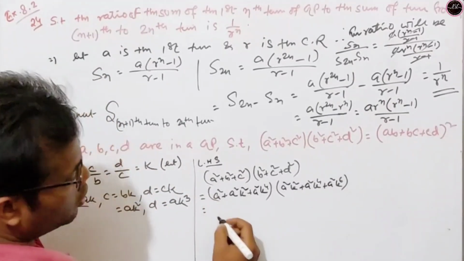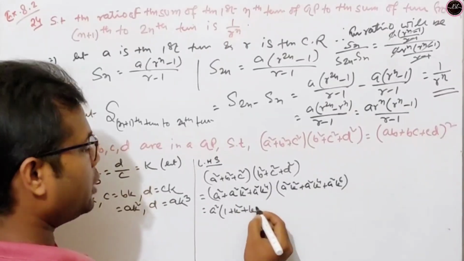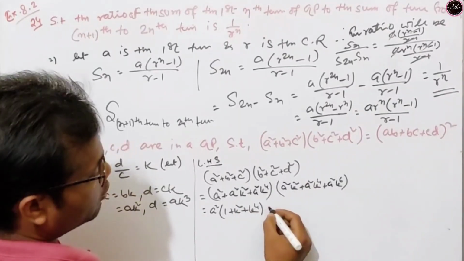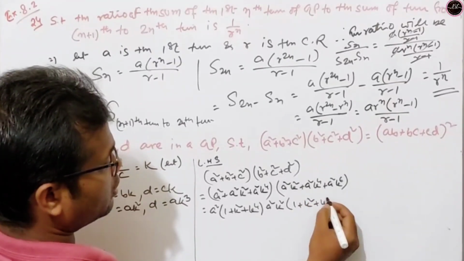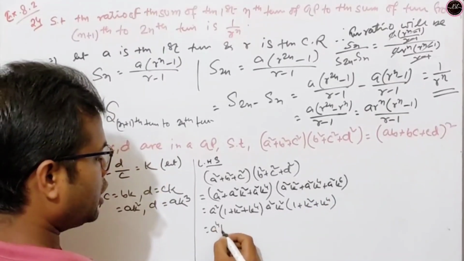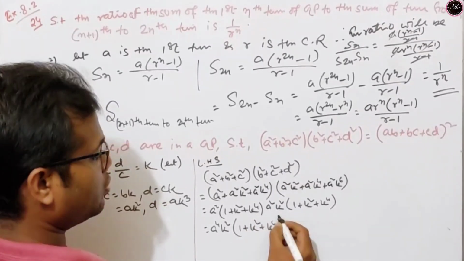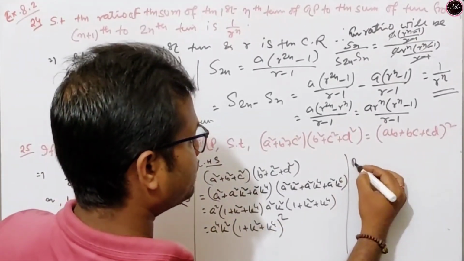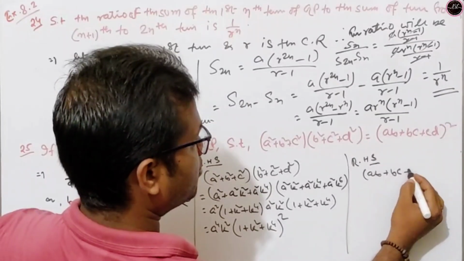From the first bracket we take A square common, we get 1 plus K square plus K to the power 4, and from the second we take A square K square common, there will be 1 plus K square plus K to the power 4. So LHS is A to the power 4 K square into 1 plus K square plus K to the power 4, whole square.